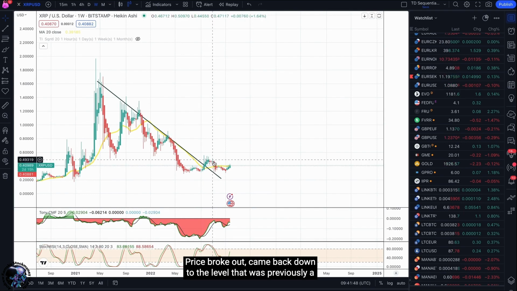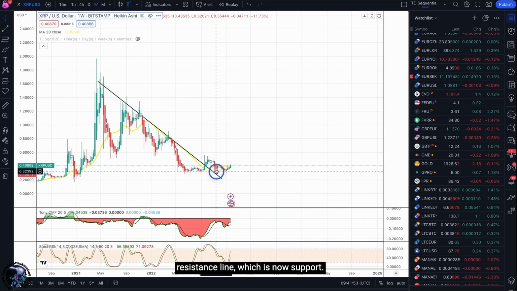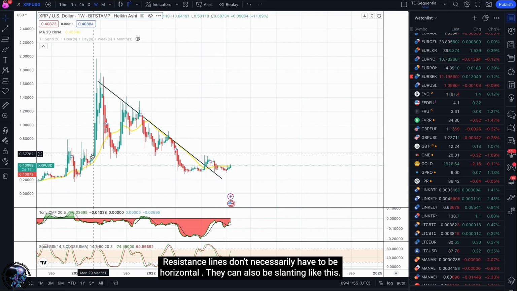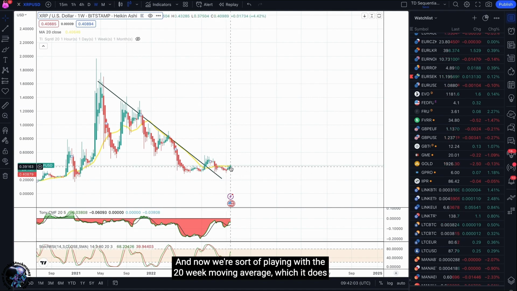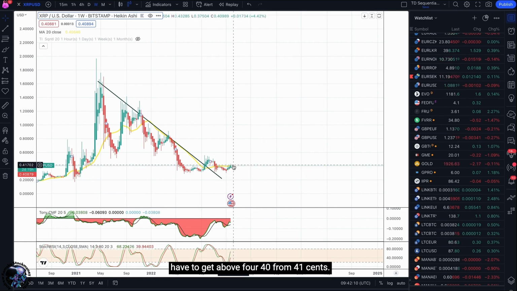Price broke out, came back down to the level that was previously a resistance line, which is now support. So resistance lines don't necessarily have to be horizontal. They can also be slanting like this. And now we're sort of playing with the 20-week moving average, which it does have to get above from 41 cents. So I would say the target is 48 cents.